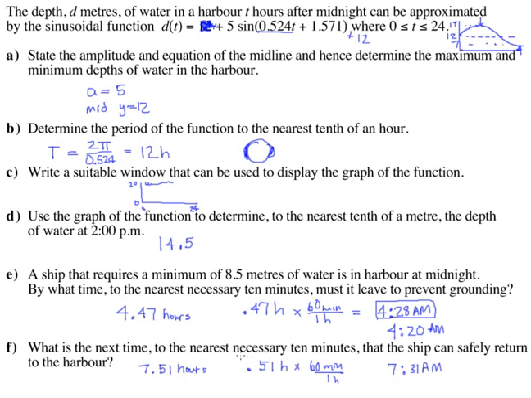Now again, if you had to round this to 10 minutes, you don't go to 7:30 because that would bring them in a minute too early, meaning they might hear a horrible grinding noise as their ship catches the bottom. If you have to give a 10-minute value, give them a little bit of a safety cushion and tell them to stay out until 7:40.